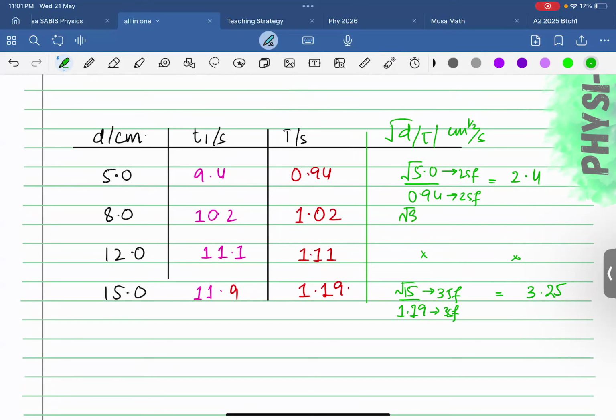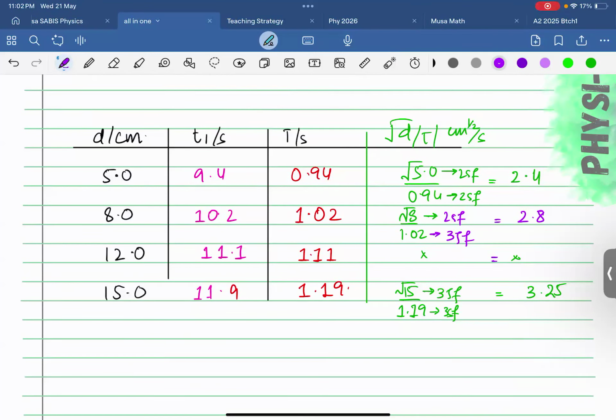So this is in 2 SF, and this is in 3 SF, right? The rule was if you have two quantities with a different number of significant figures, your answer should be in the least number of significant figures. That is 2. So you just round off your answer, so that would be 2.8. Is that clear? I wish it should be clear.